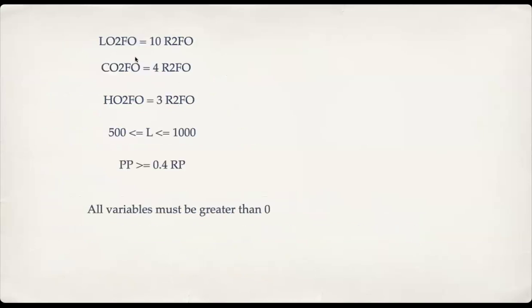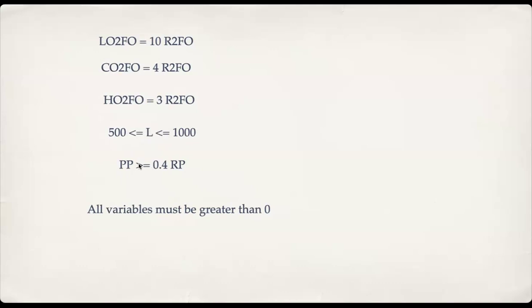Okay. And these three constraints we formulated from the ratio for blending the fuel. 10 to 4 to 3 to 1. Okay. Of residuum. And the limit of production of lube oil must be at least 500 and must be less than 1,000, right?